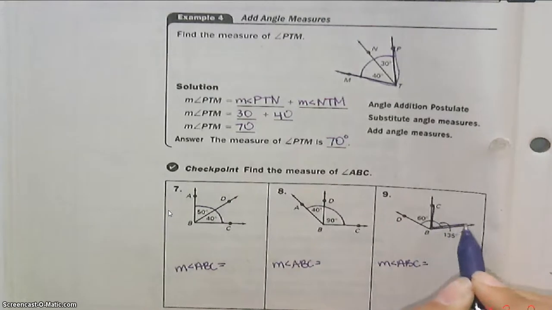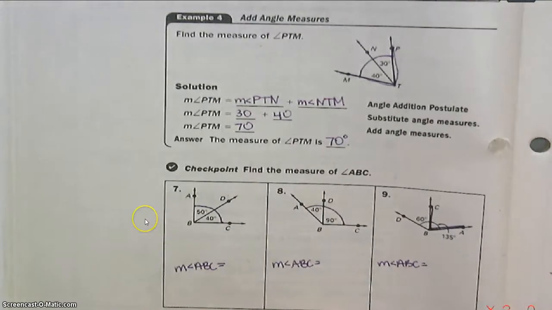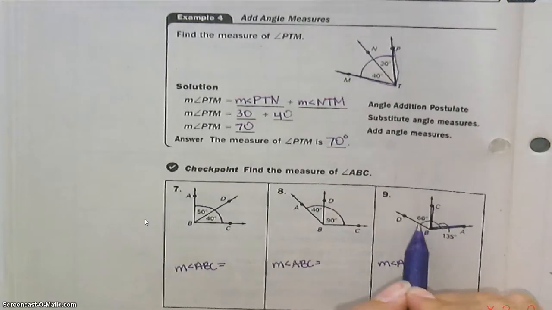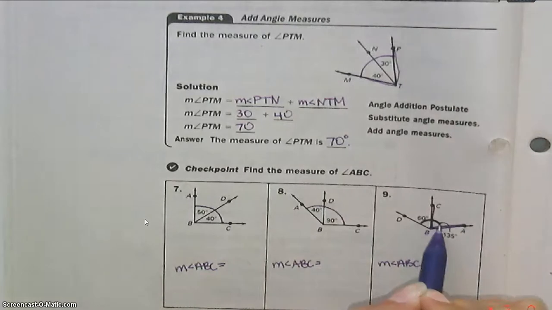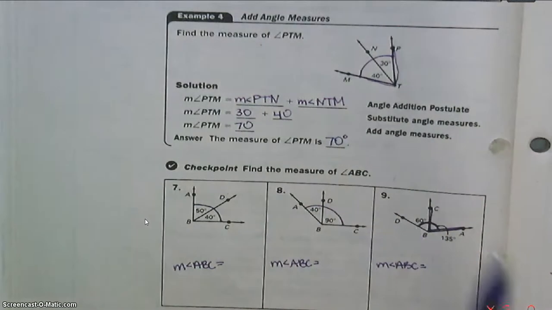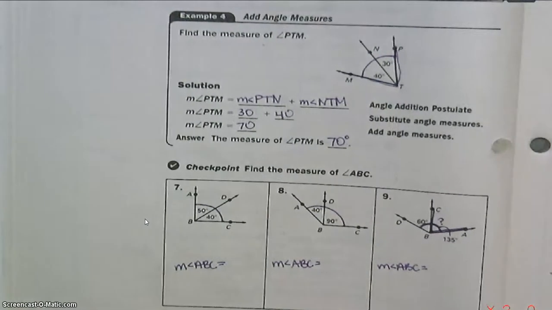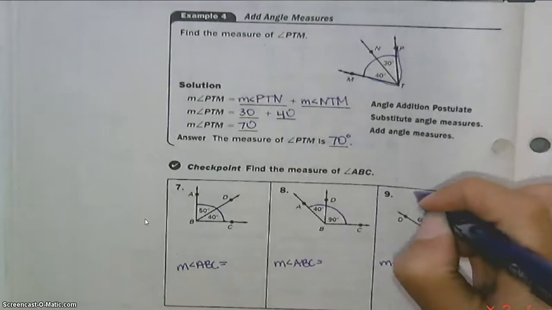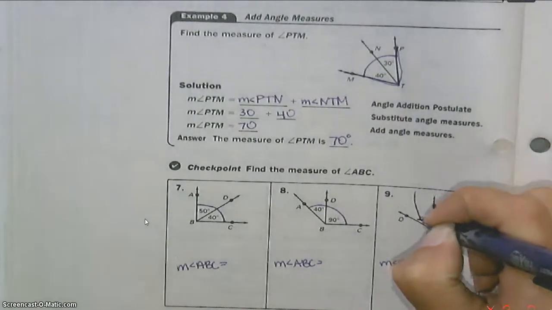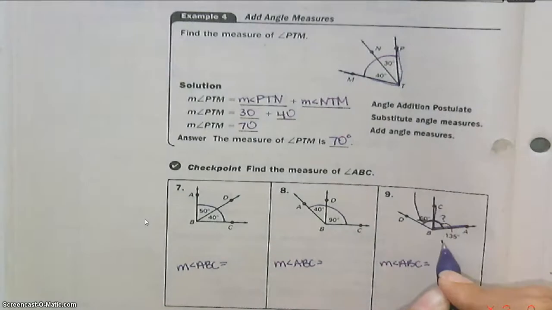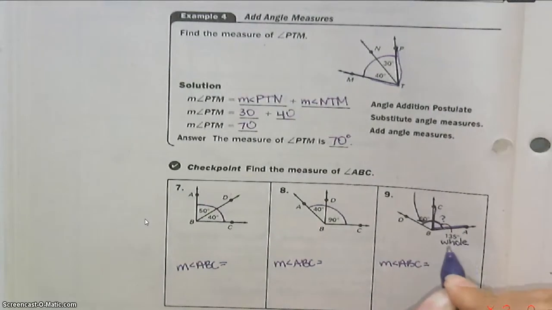ABC is right here. And they're telling you that the whole angle is 135. And we already have 60. So what are we missing? That arc here, maybe write yourself a note, that arc means the whole angle.